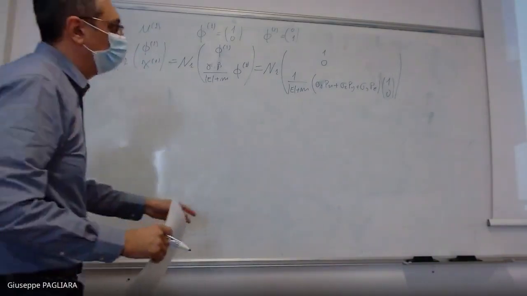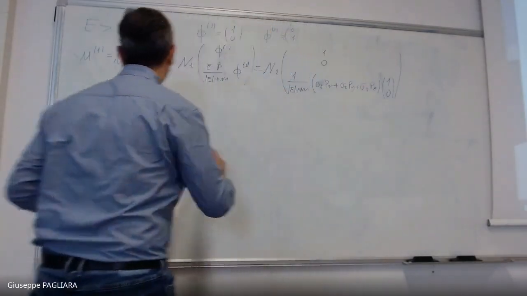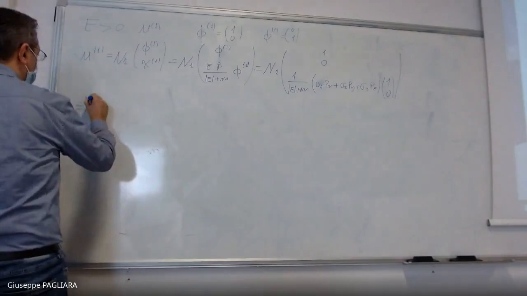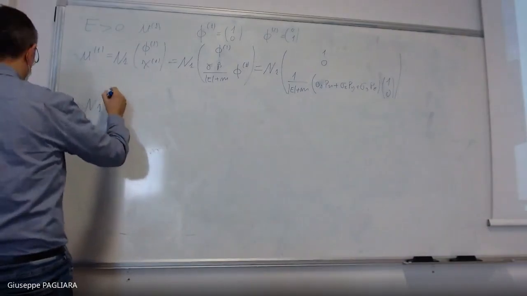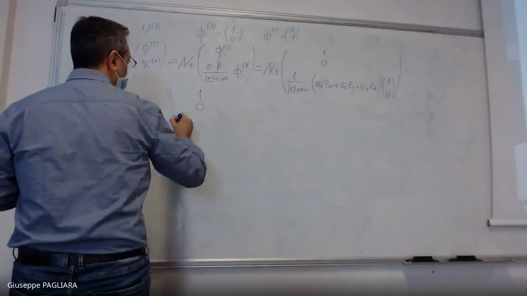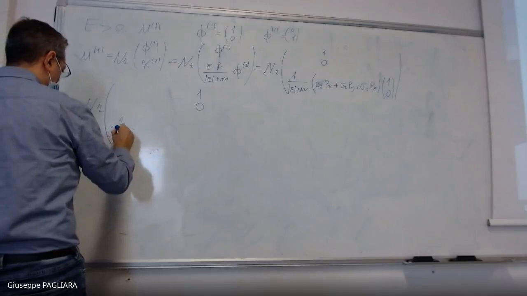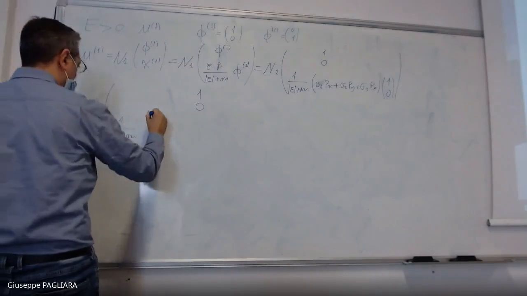Let's now put even more explicitly the Pauli matrices here. So this is N1 that multiplies (1, 0) as the first component, and then 1 divided by E plus m.